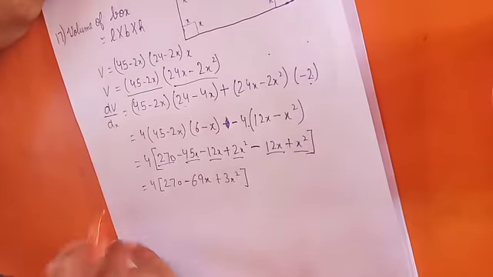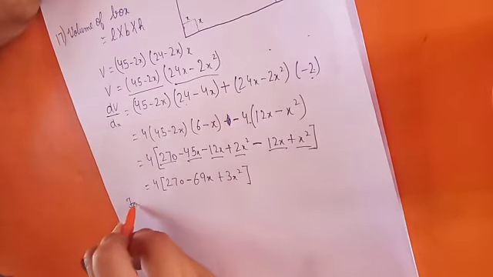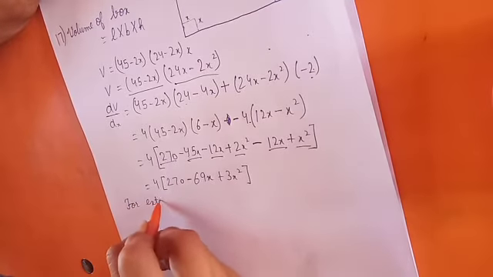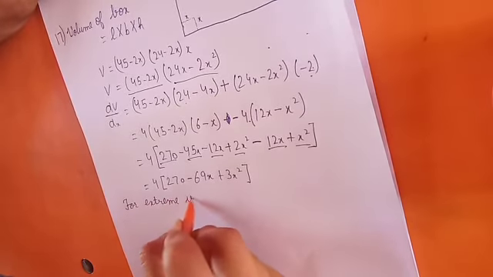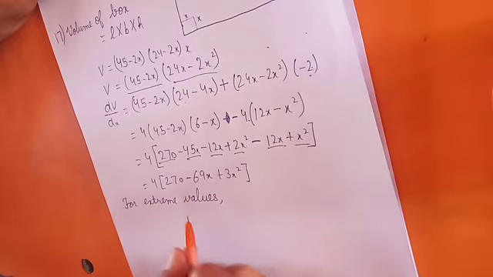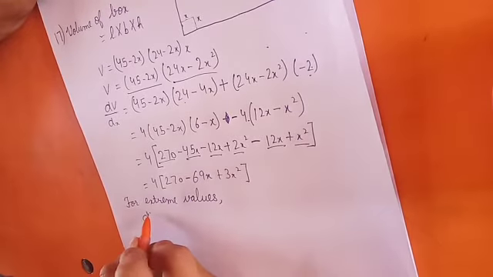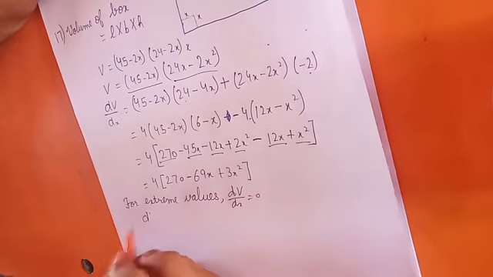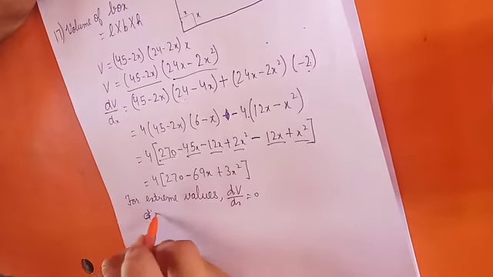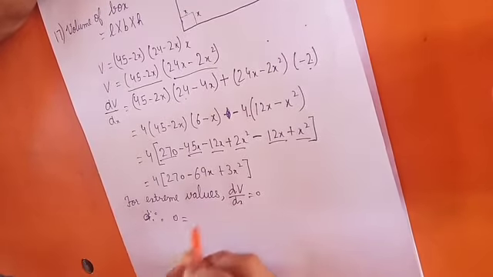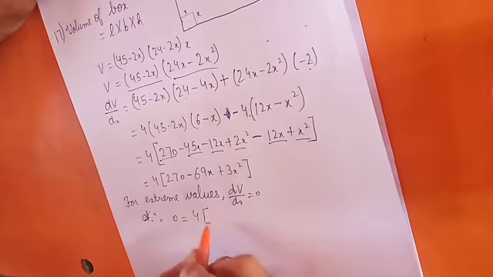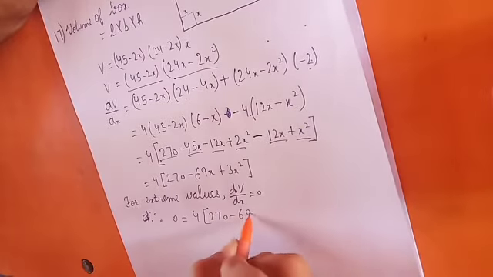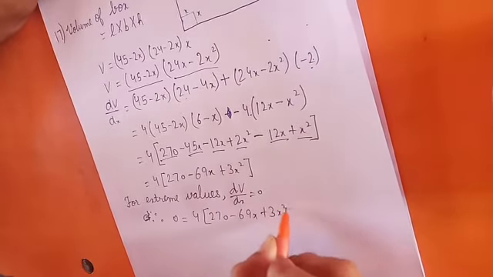Okay, now for extreme values, we have to put dV by dx equal to 0. Therefore 0 is equal to 4 into 270 minus 69x plus 3x square.